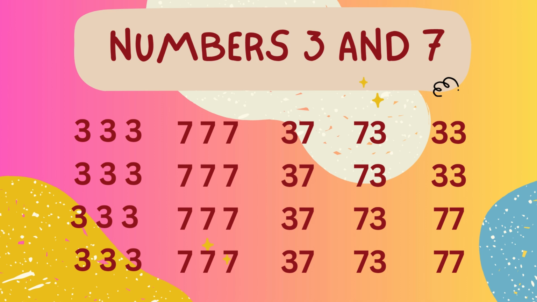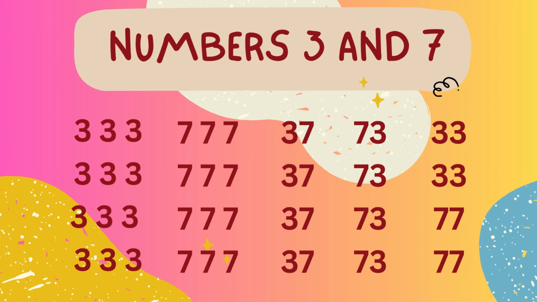Let's have it a little bit faster. 3, 3, 3. 7, 7, 7. 37, 73, 77. Okay, so that's it for numbers 3 and 7.